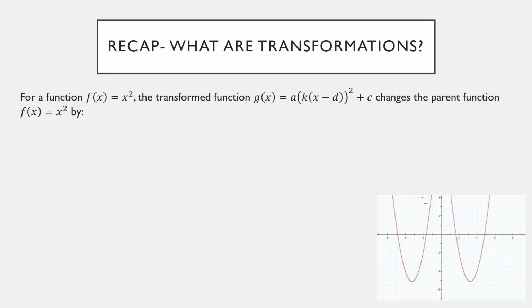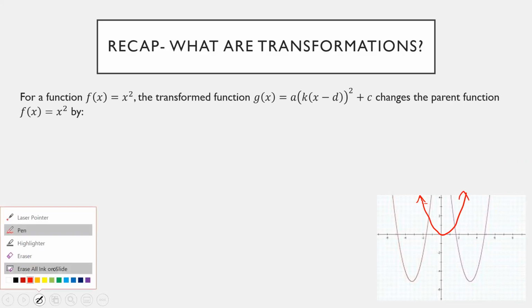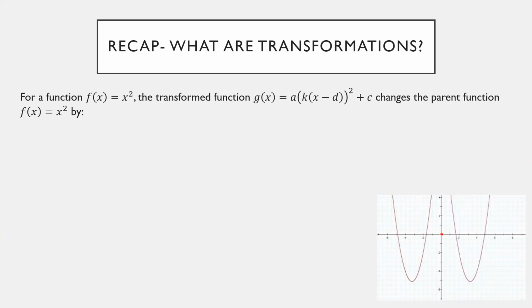For example, I gave this as a small visual example: both of these parabolas are really just transformations of the original parabola. Let me redo that graph. The original parabola, remember, is y equals x squared: (0, 0), (1, 1), (2, 4), and (-1, 1), (-2, 4). Roughly speaking, the original parabola looks like this, the parent function.